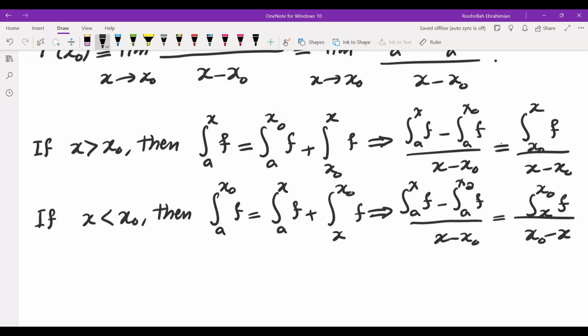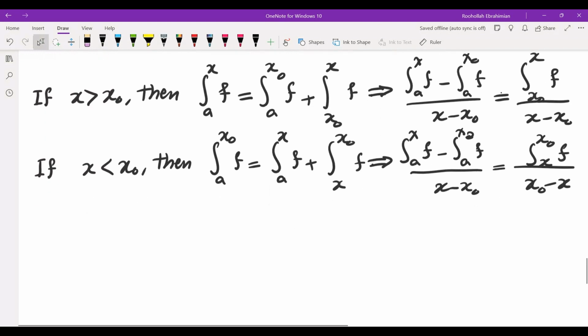So in both cases, we can apply the mean value theorem.